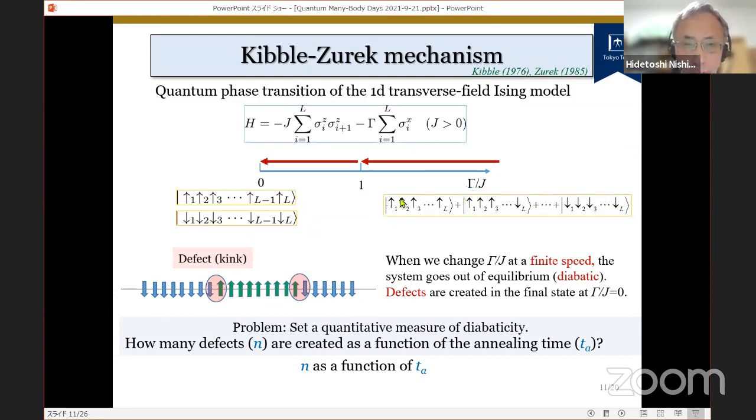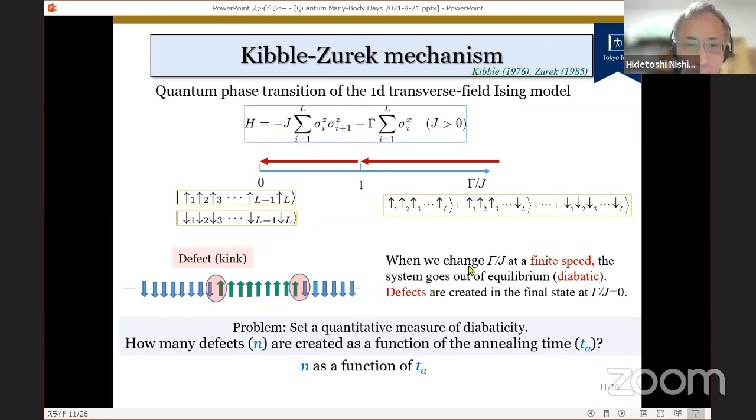So the system is in the quantum paramagnetic state in which all possible spin configurations appear with the same probability in the quantum mechanical sense. And if we set gamma equal to 0, then we have the Ising model. So the system will be a linear combination of all up state and all down state.